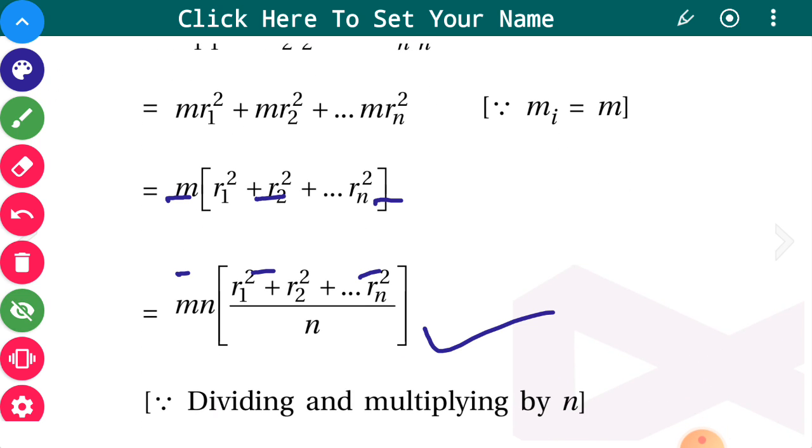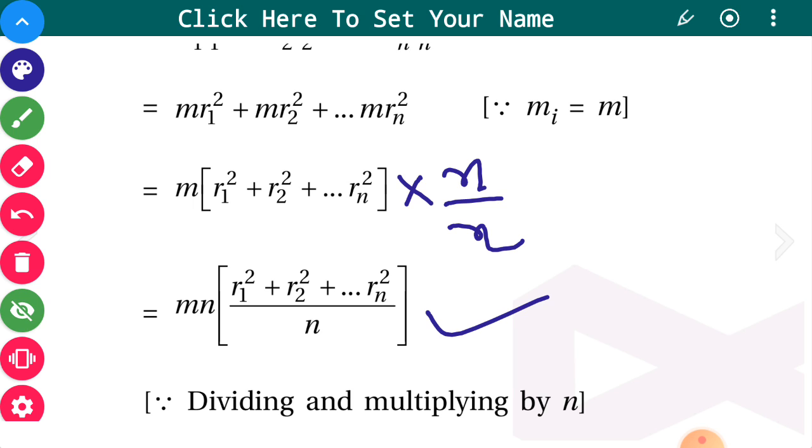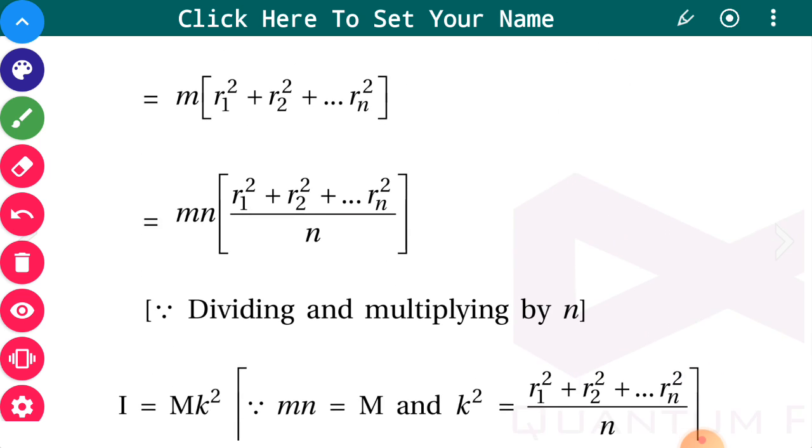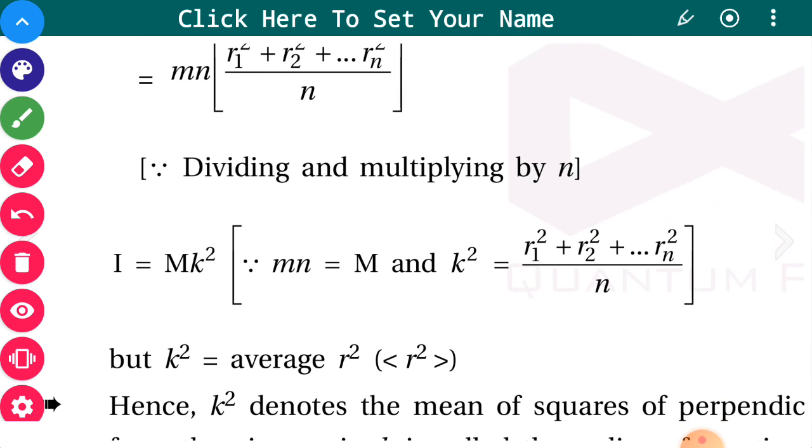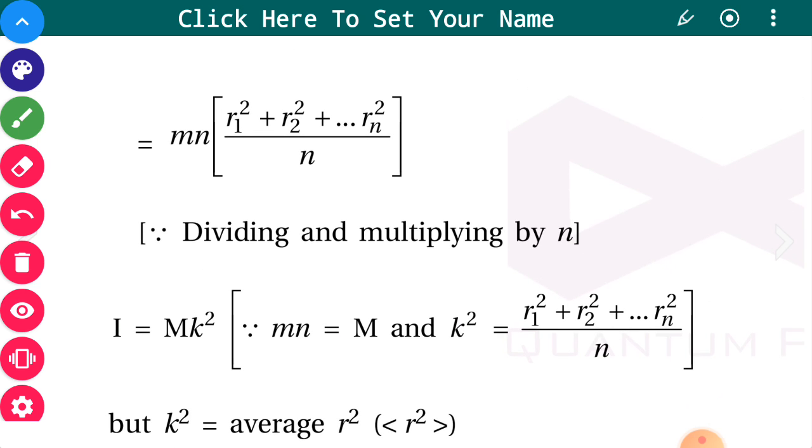Here we are multiplying by n and dividing by n, so it is written in this way. Here m into n will become the total mass, so we can write it as M, and this quantity in the bracket is replaced by k square.